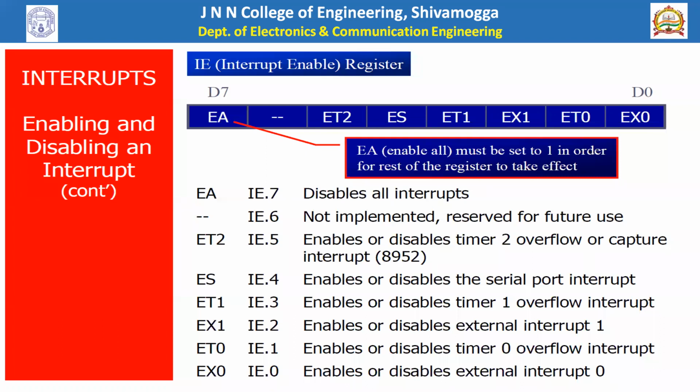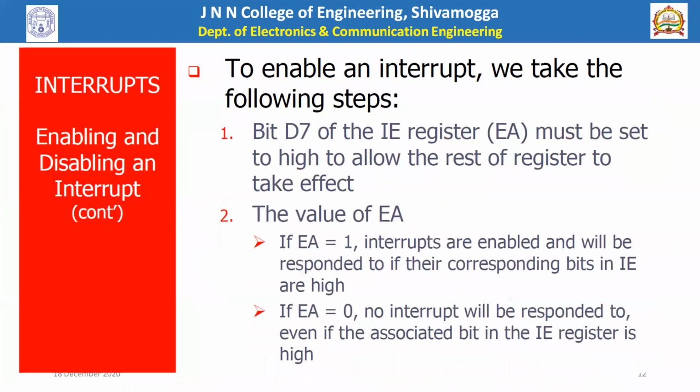Suppose you do not want external interrupt 0, you substitute it as 0. So this is the way the interrupt enable register is used. Interrupt enable register is used to set or enable any interrupts.